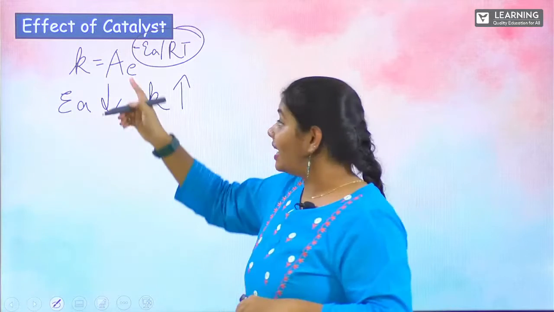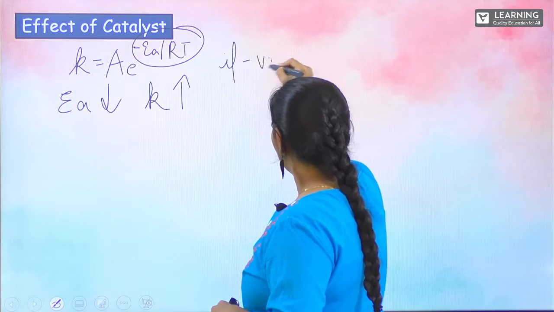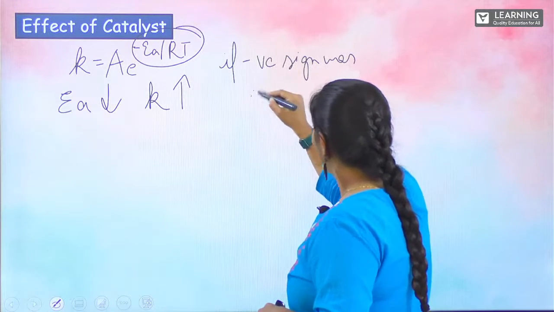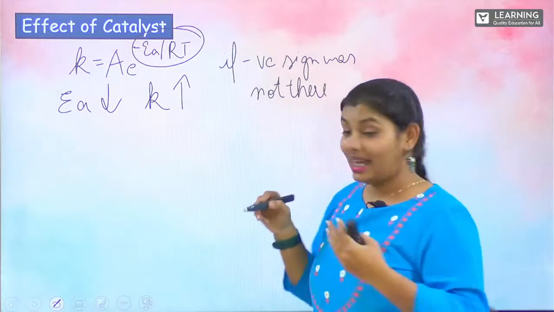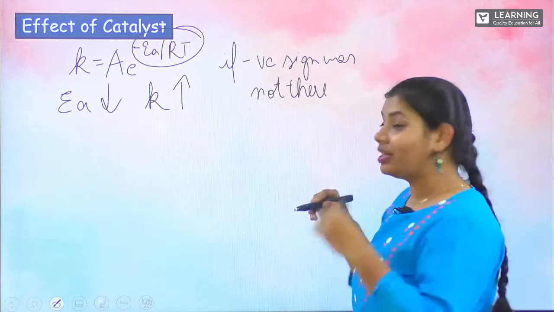If the negative sign was not there, then how would it affect the rate of the reaction or the rate constant?